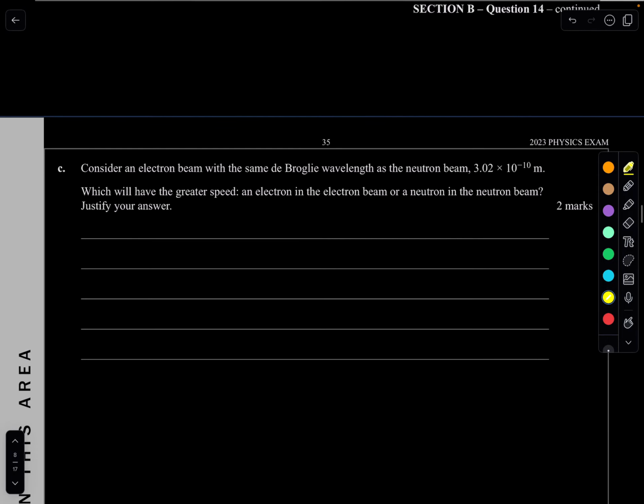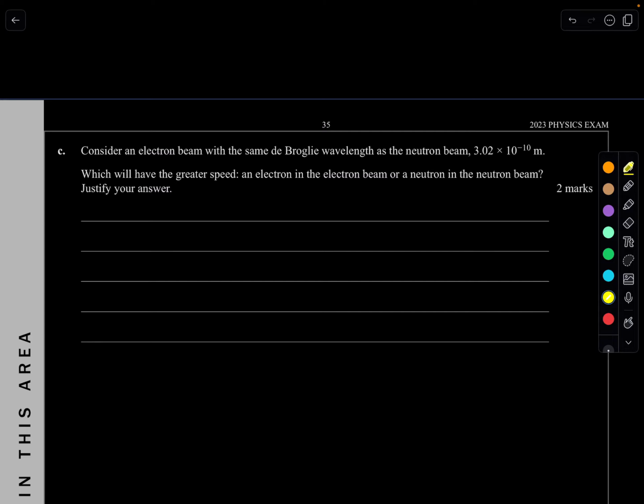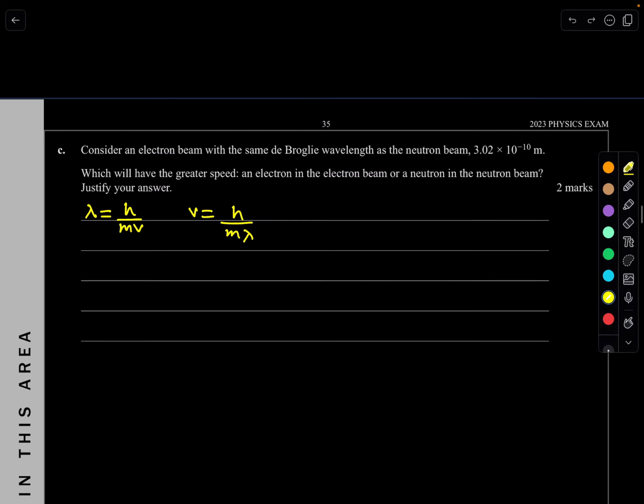Consider an electron beam with the same de Broglie wavelength as the neutron beam. Which will have a greater speed, an electron in the electron beam or a neutron in the neutron beam? They both have the same wavelength. Remember that wavelength is h over momentum, which is mv, and we rearranged it to get velocity, h over m wavelength. h is constant, and the wavelength is constant because both have the same wavelength.